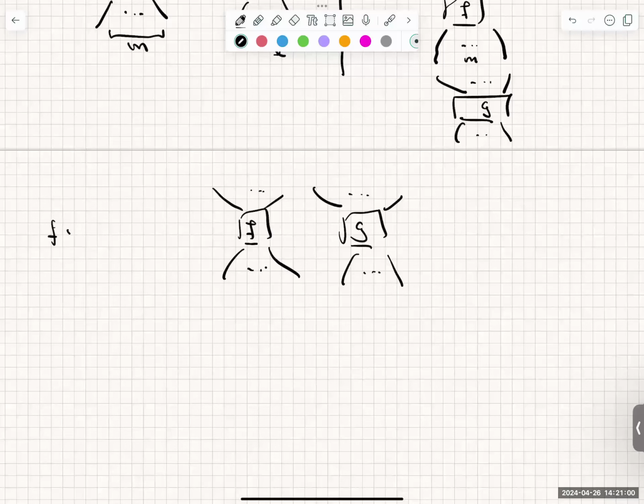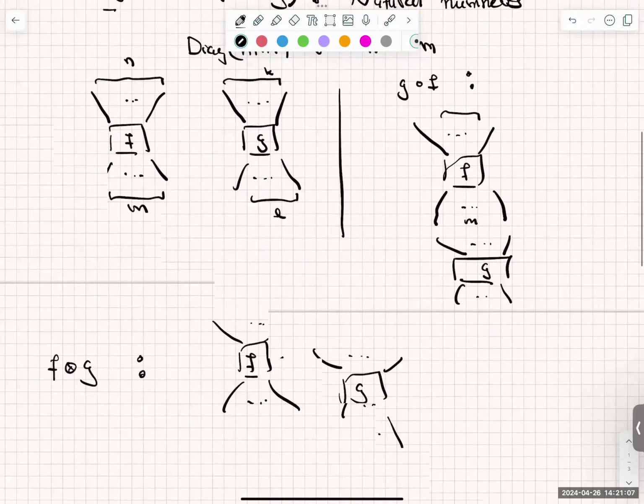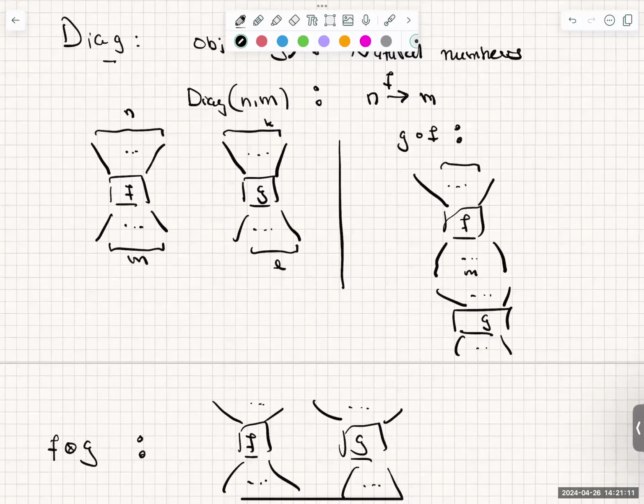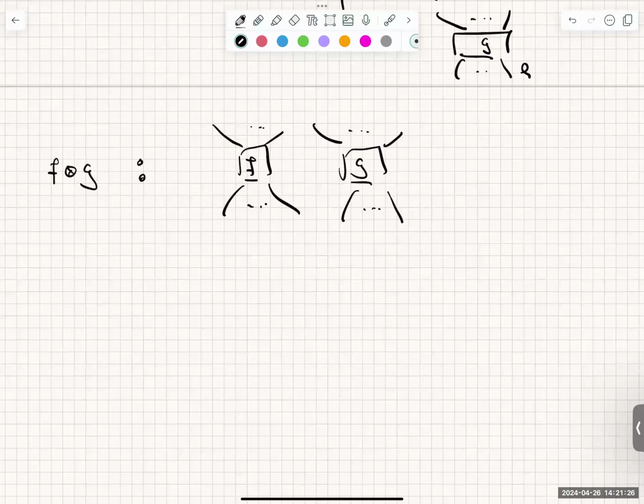This is going to give us F tensor G. And the composition of F with G, with N, M, L, is going to give us a map from N to L. If this was N, M, K, L, then F tensor G is going to be a map from N plus K to M plus L. So this is more or less what you would hope for.